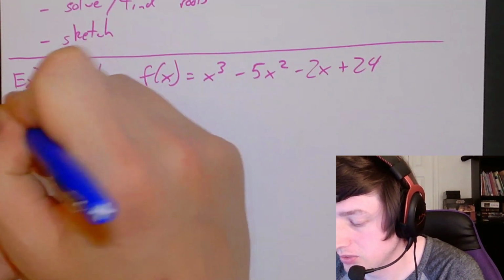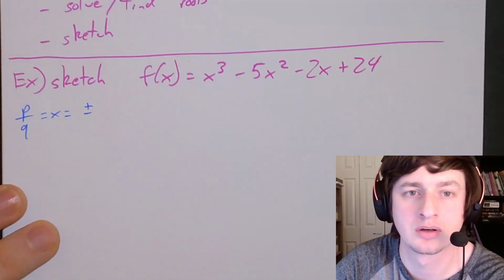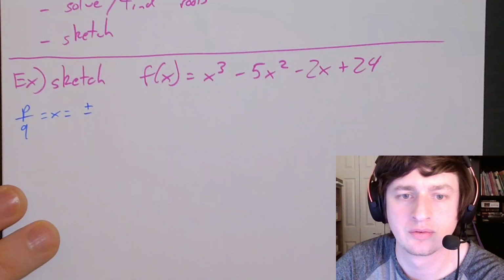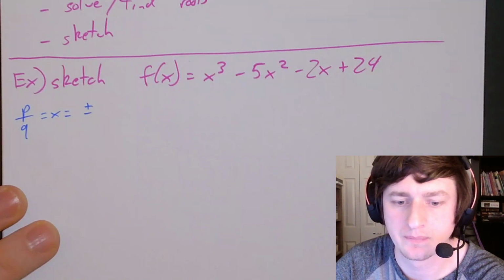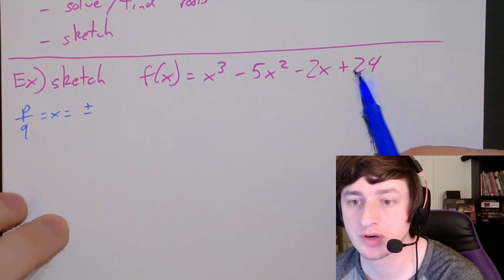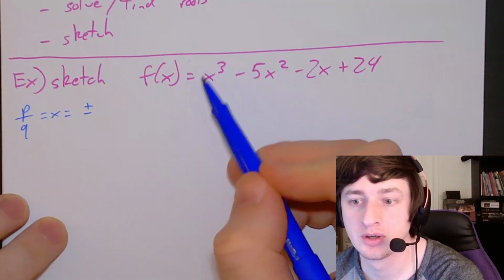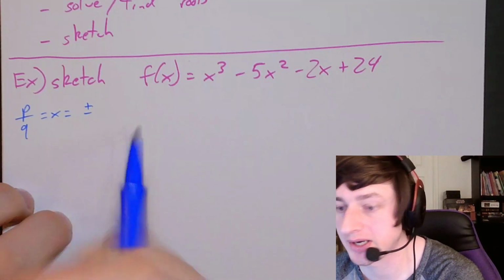So we do p over q, could be x, and these are going to be all of our factors. So all of our factors of 24 divided by all of our factors of 1. And we're going to go lowest to highest.